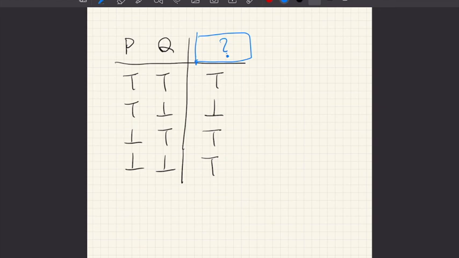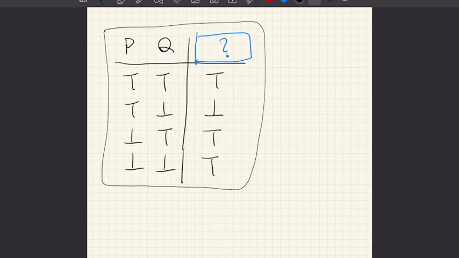Okay, here's a quiz. Let's say we have this truth table. Can we guess what kind of operation is here that combines P and Q? So this is true, false, true, true. We have just learned that this truth table is satisfied by implication.